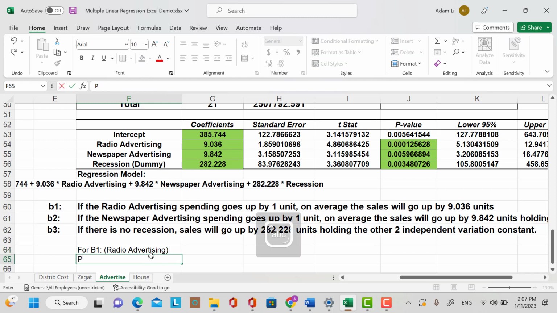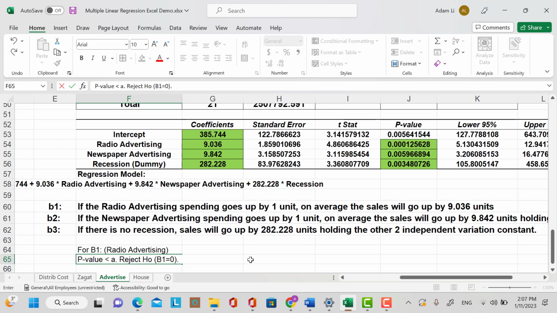The p-value is smaller than alpha, so we reject H0. H0 is beta 1 equal to 0.